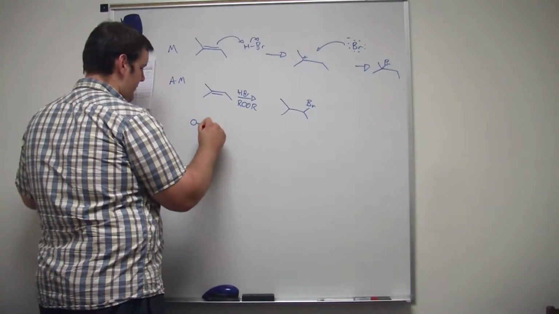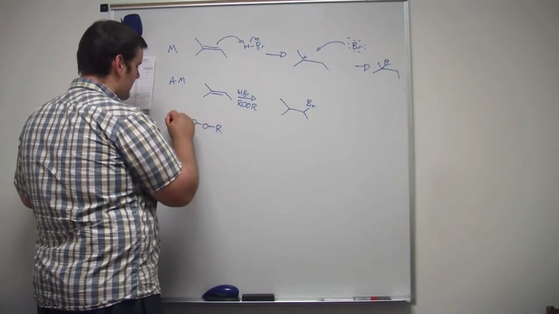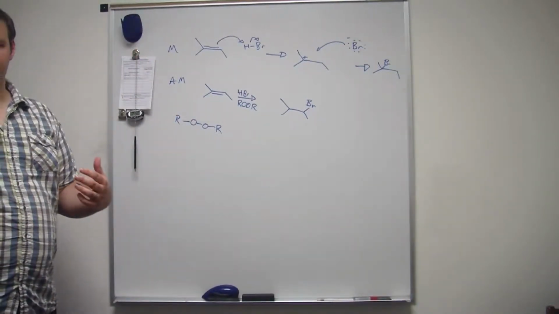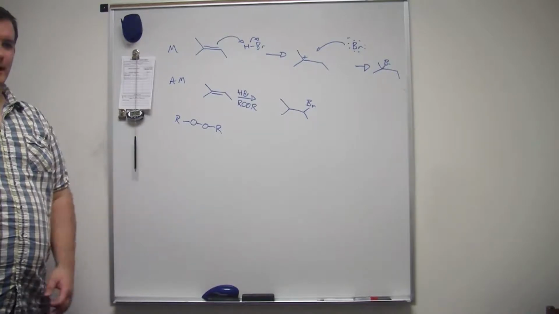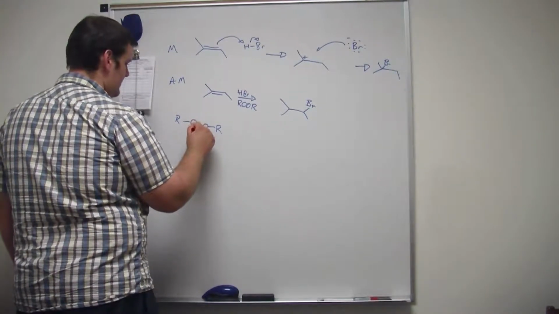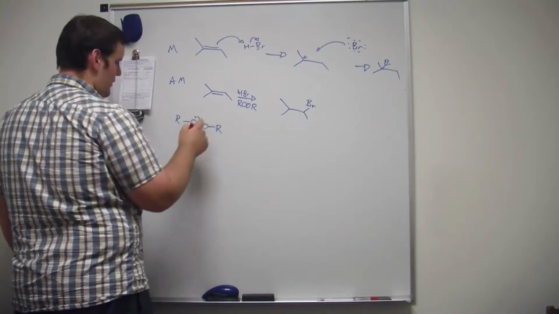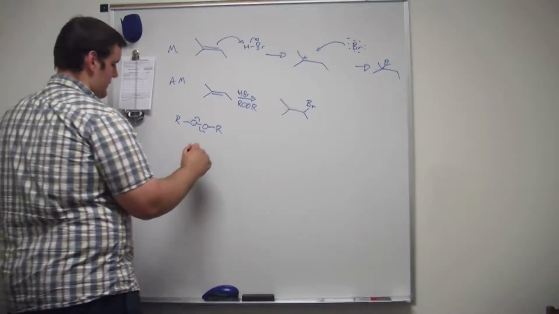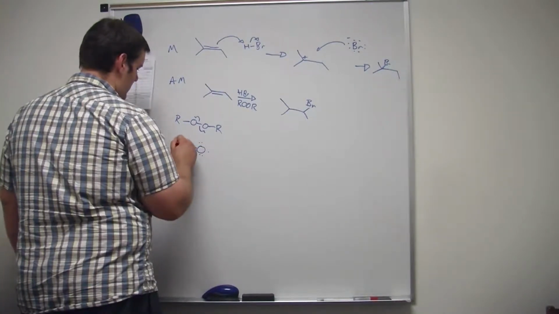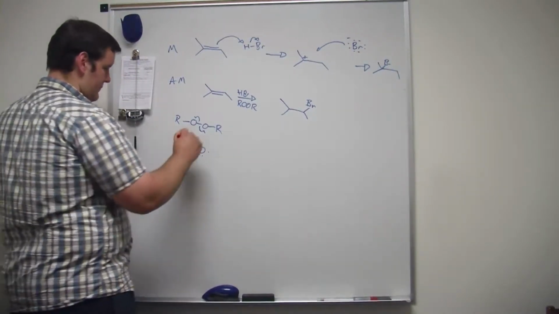So the first step in this mechanism is a lot like the free radical of bromine adding to an alkane, where UV light comes in, or maybe UV light doesn't even, but the peroxides split. So we get a free radical peroxide.